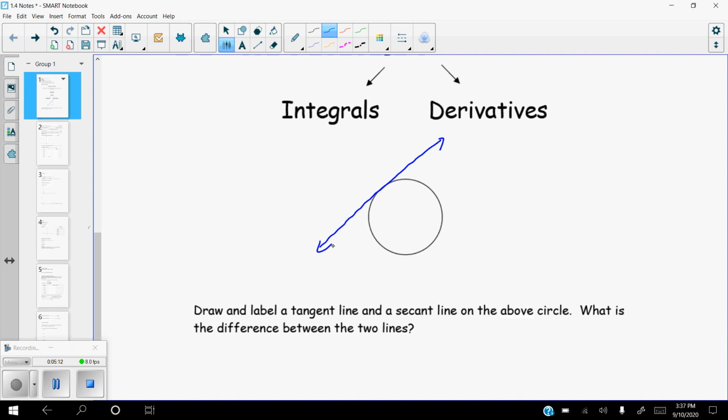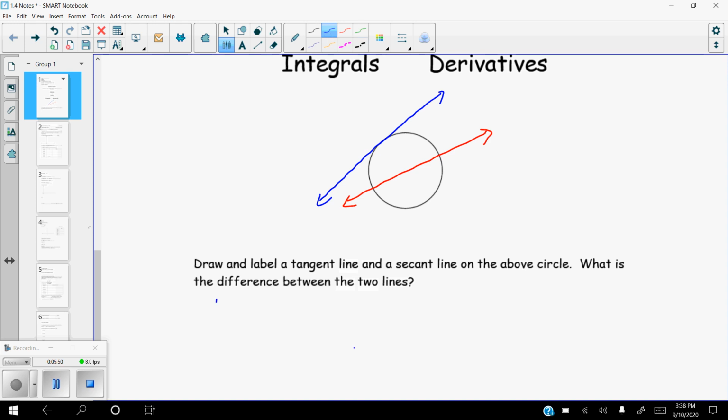It really only hits the circle at one specific point, whereas a secant line goes through the circle and hits the circle, in this case, at two different points. It does not have to go through the center. Mine looks like maybe it did, but it does not have to. I could have drawn a secant line out here. That's also a secant line. It goes through the circle at two different points. So that's really the difference between a tangent line and a secant line.